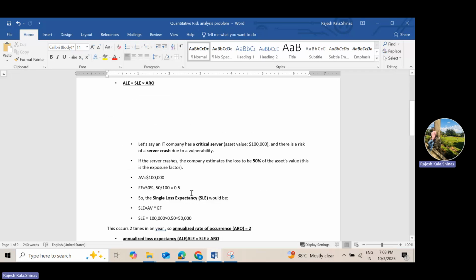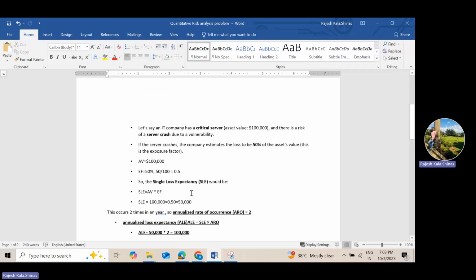Now I'm putting a simple problem. Let's assume an IT company's critical server has an asset value, say, of $1 lakh. So AV is $1 lakh. There's a risk of server crash due to some vulnerability.